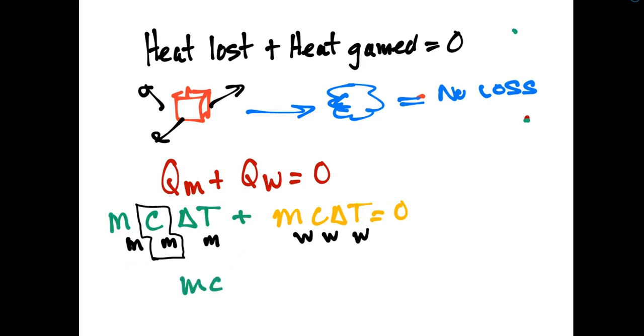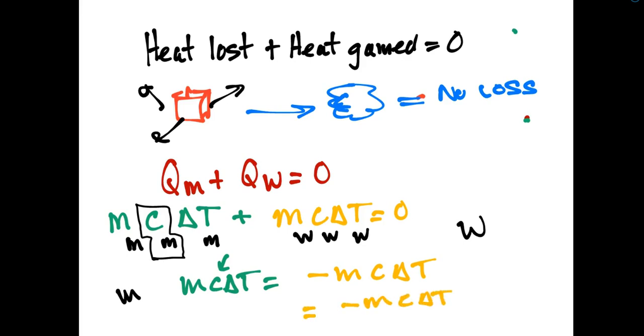We say MC delta T of the metal equals the negative MC delta T, and all of this is the water and this is all of the metal. Let's leave specific heat right there, and what we're going to do now is negative MC delta T of the water.